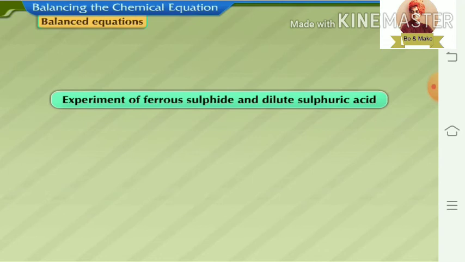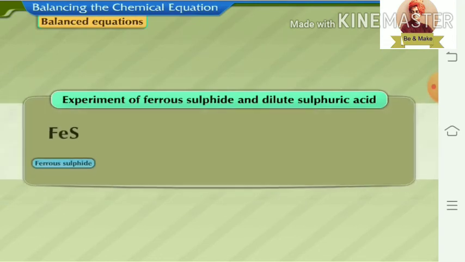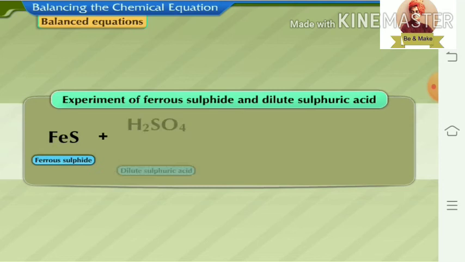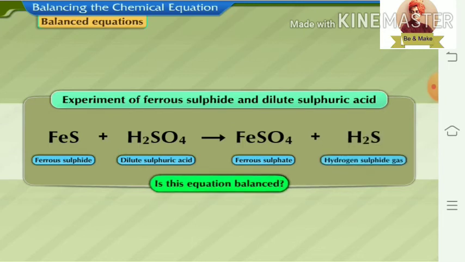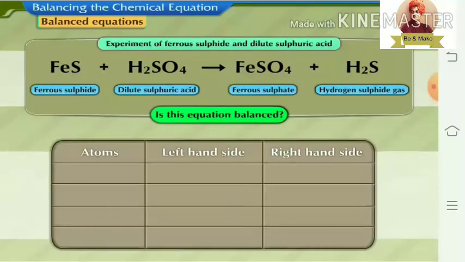Now, balanced equations. Experiment of ferrous sulfide and dilute sulfuric acid. If ferrous sulfide FeS reacts with sulfuric acid H2SO4, it gives ferrous sulfate and hydrogen sulfide gas. Is this equation balanced? We have to count the number of atoms of each element on the reactant and product side.